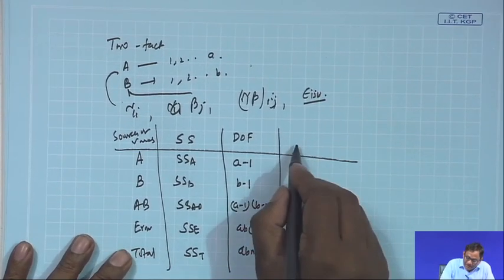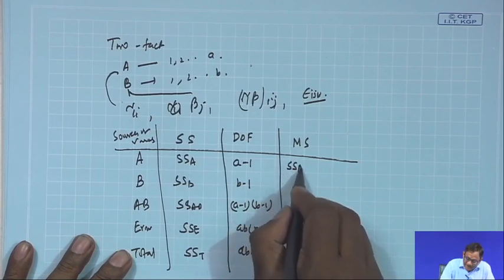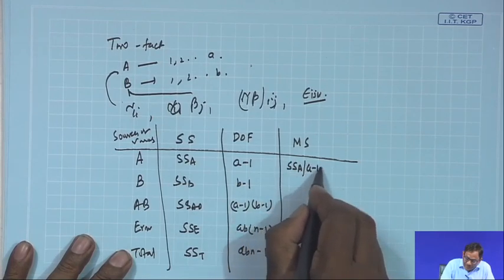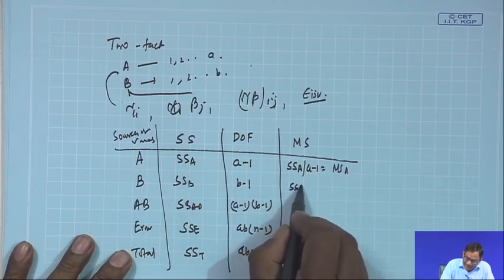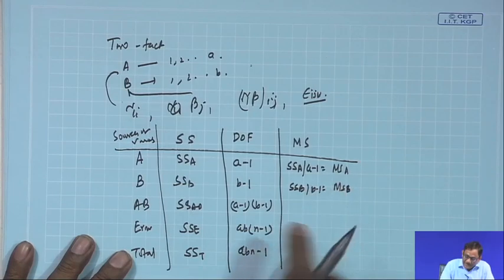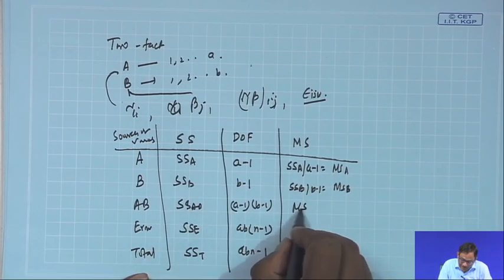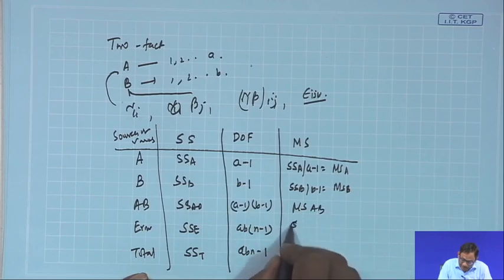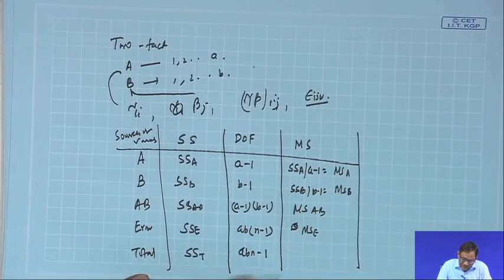Then you computed MS. MS is SSA by a minus 1 for MSA. Similarly, MSB will be SSB by b minus 1, that means SS by its degrees of freedom, and similarly you will calculate MSAB and MSE.